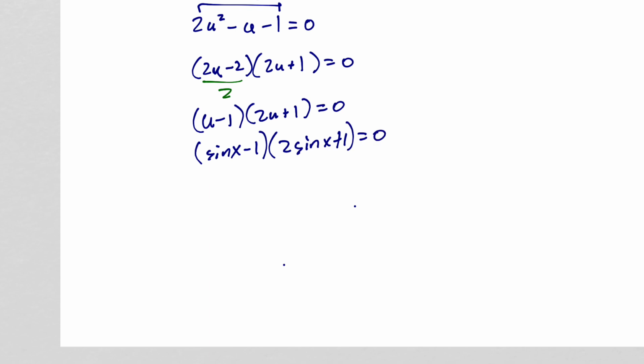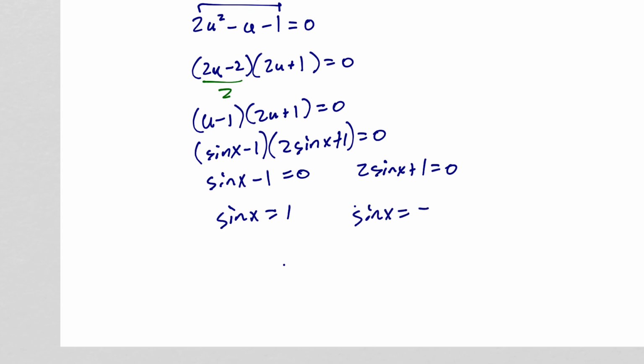And then we'll separate those and set them independently equal to 0. All right, so I get sine x equals 1, and I get sine x equals -1/2.